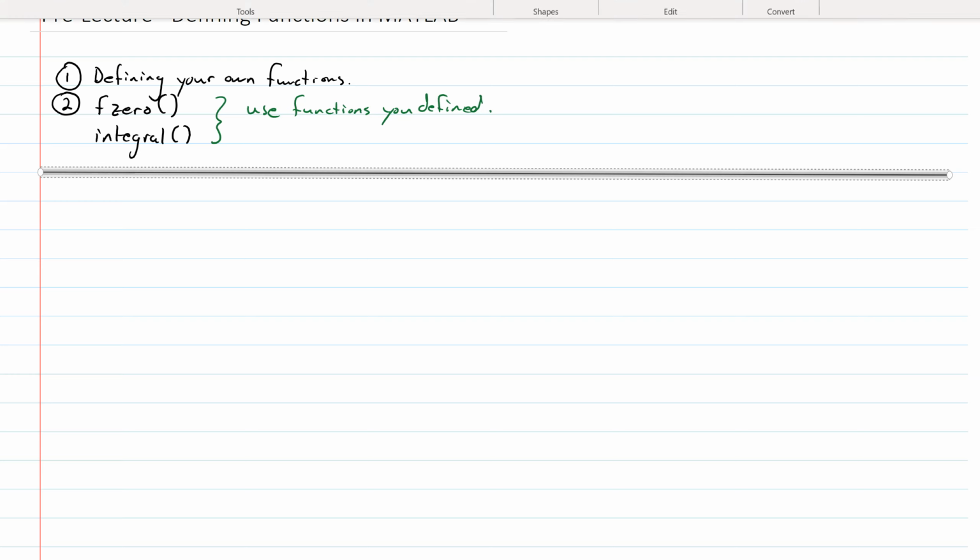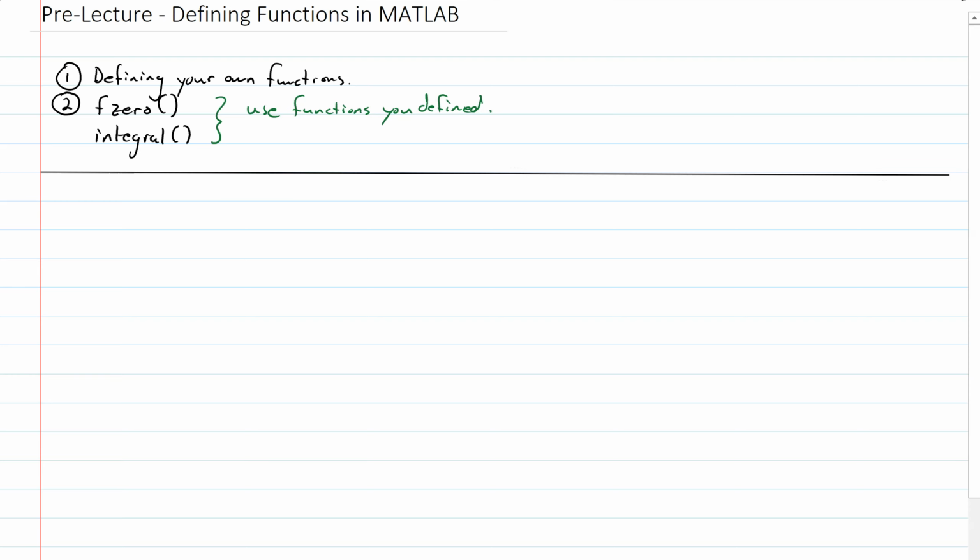Okay, so first thing is, how can I define my own function in MATLAB? There's two ways to do this in MATLAB. The first one is called inline or anonymous functions.